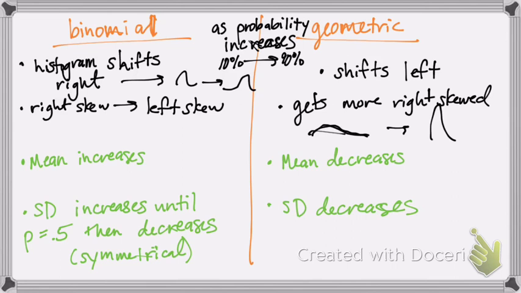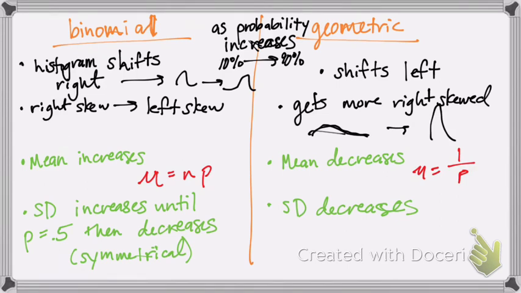For the formula for mean for binomial, mean equals n times p. For geometric, mean equals 1 over p. If you know the formulas, you can think about that logically. If my p is increasing for binomial, the value is getting bigger, but if my denominator is increasing, the value is getting smaller.